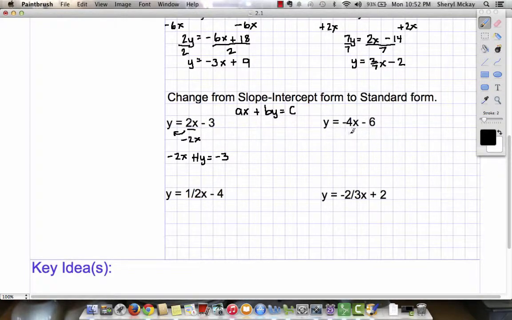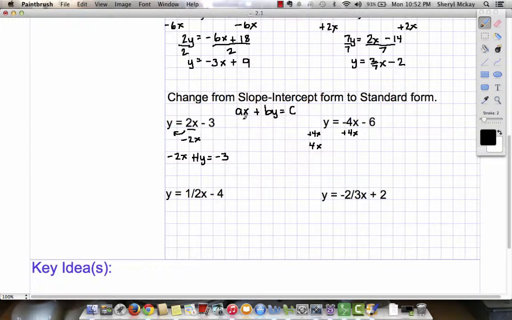Y equals negative 4x minus 6. Again, I'm going to move my x over by adding 4x to both sides. Notice that I'm putting the 4x in front because that's the way it's written in the standard form.